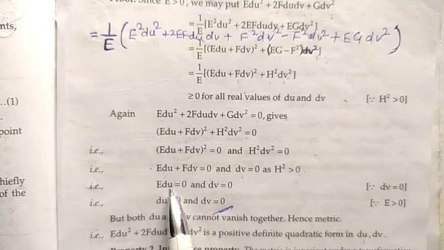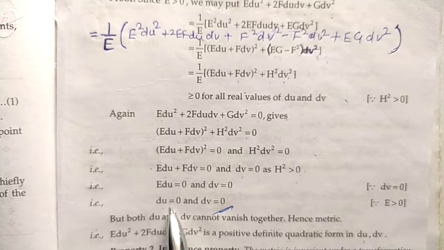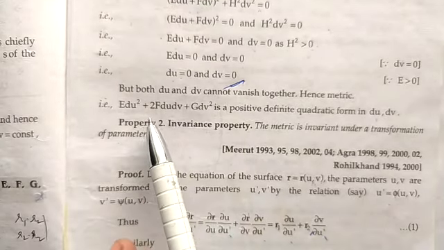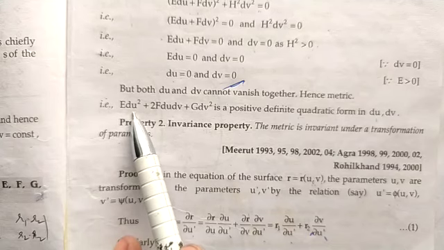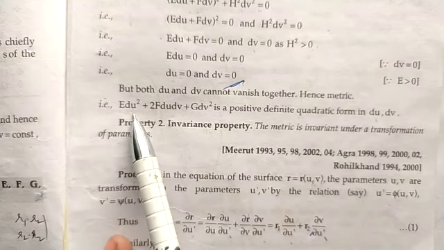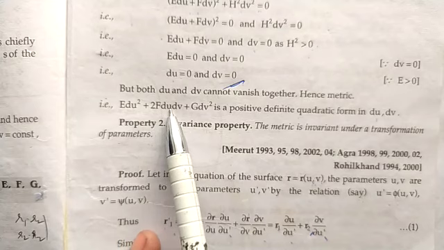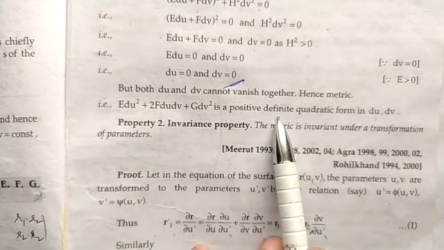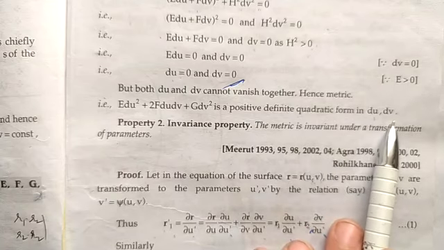But E is also not equal to 0, that is a positive quantity. So from here we get du equal to 0 and dv equal to 0. Thus we have proved that the metric, meaning the first fundamental form, E du square plus 2F du dv plus G dv square, is a positive definite quadratic form in du and dv. So this was the first property of the first fundamental form.